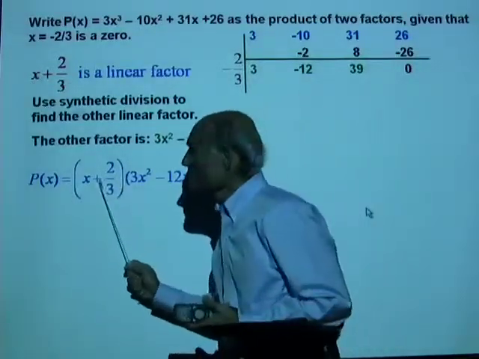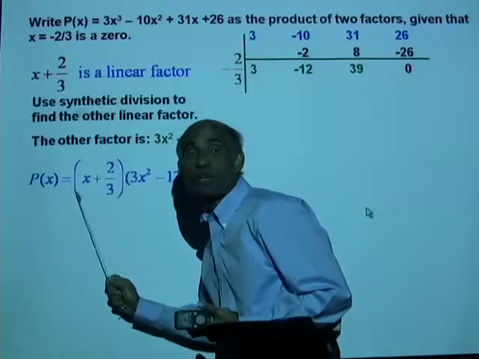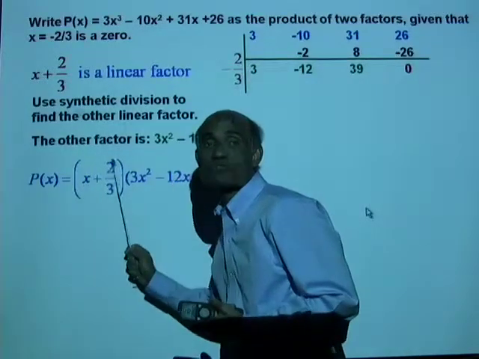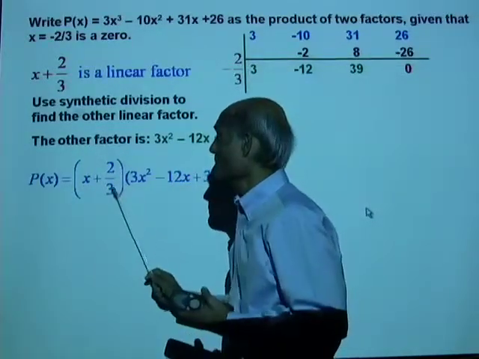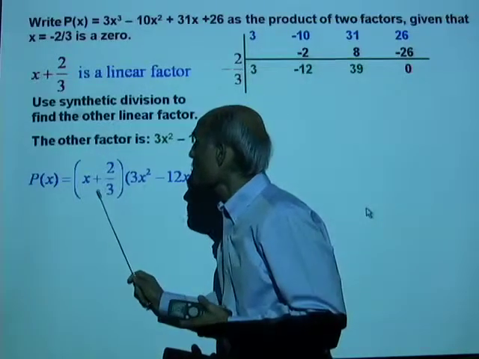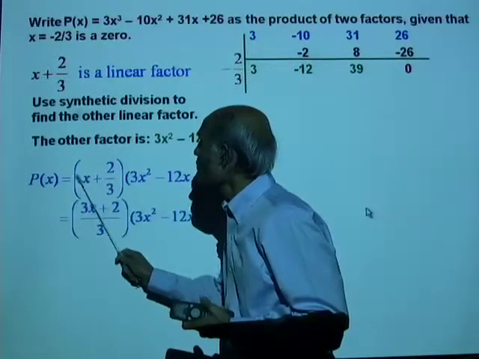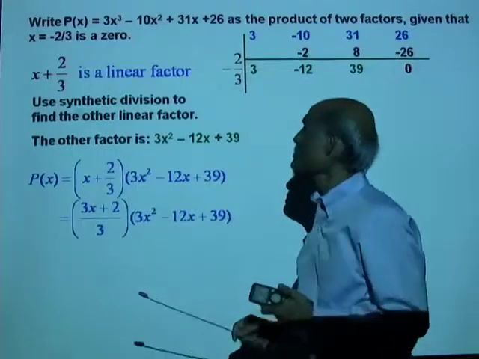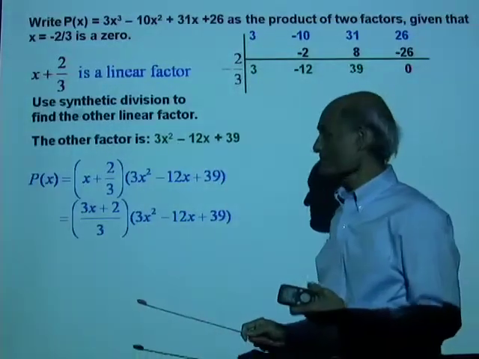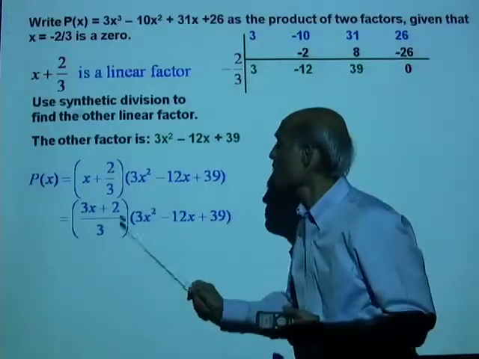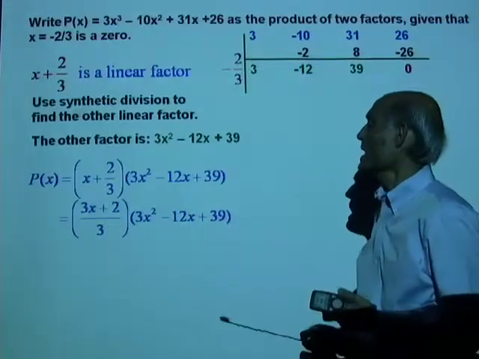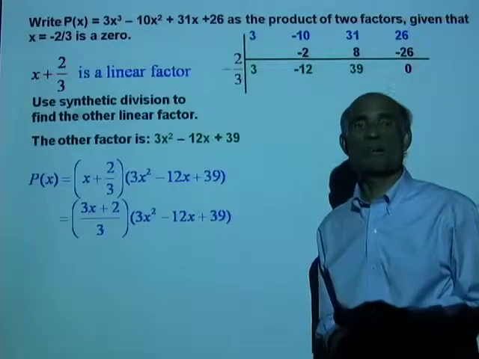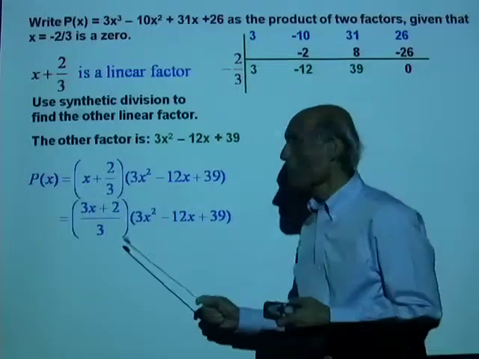How? In this factor, take 3 as the common denominator and simplify. What does that give you? It will be 3 on the denominator and 3x plus 2 on the numerator. And that will be 3x plus 2 over 3 times 3x squared minus 12x plus 39.